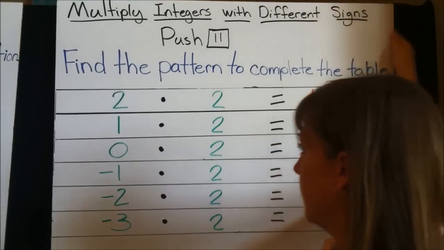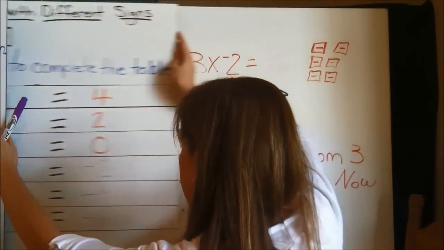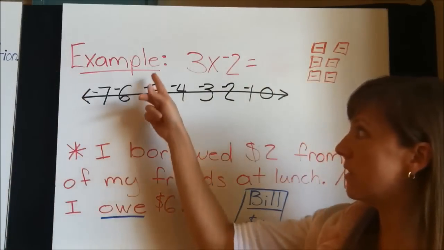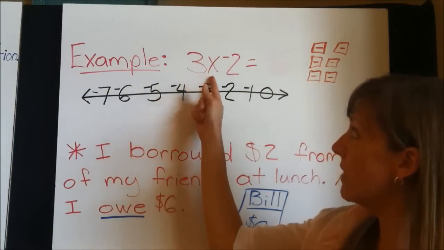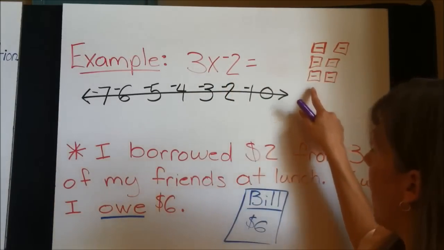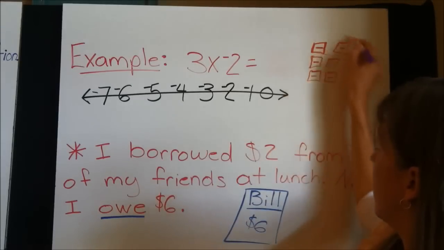Let's look at an example. 3 times negative 2 equals, well, I drew out 3 sets of 2 negative chips.